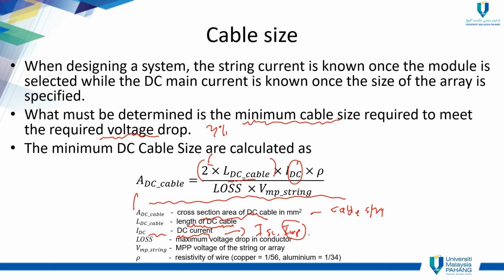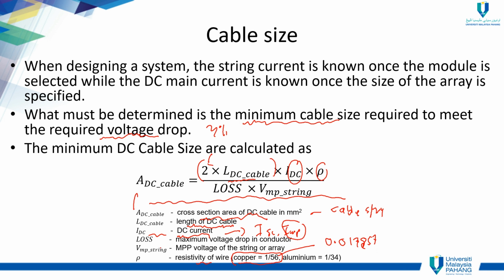Then we have rho, the resistivity of the wire. For copper, which we are using, it is 1/56, which I think is 0.017857. If I'm not mistaken, if we divide 1 by 56 you get 0.017857.